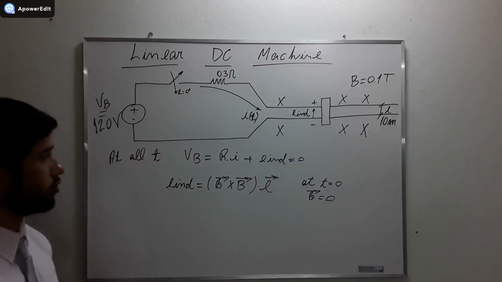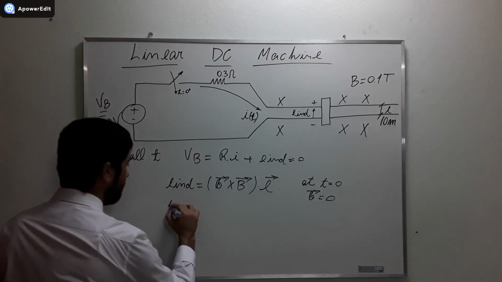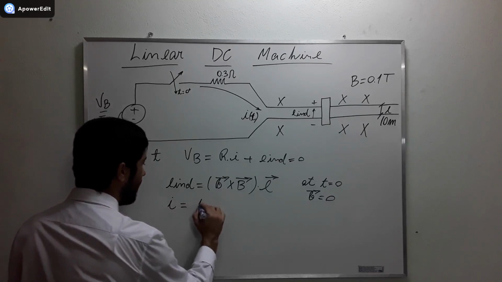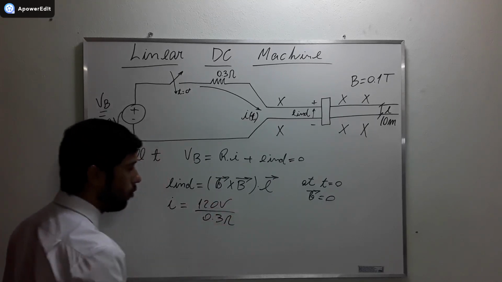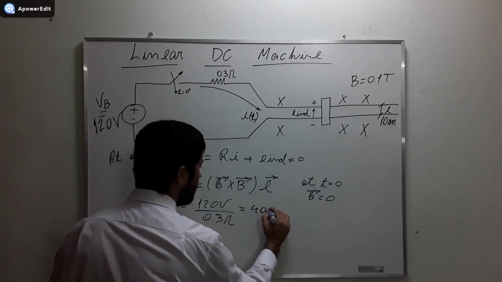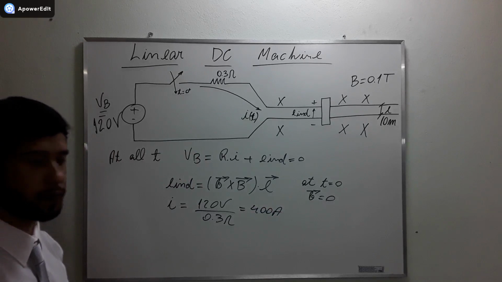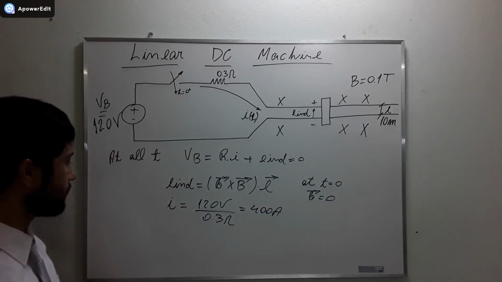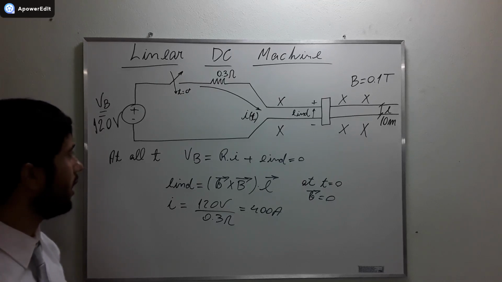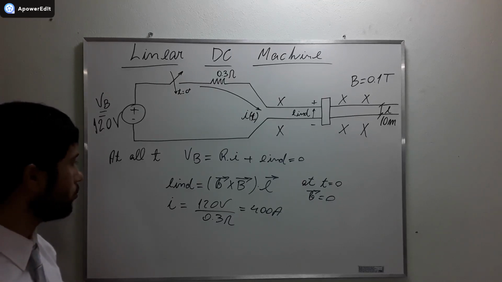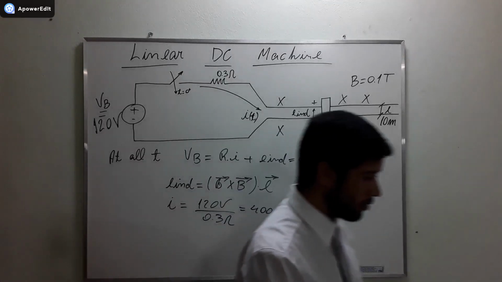If the induced voltage is equal to 0, then we can find the starting current to be 120 volts divided by 0.3 ohms, which is 400 amperes. Alright? Do you understand what I say? Okay. Now that we already have the starting current at t equal to 0, we can calculate the other topic.